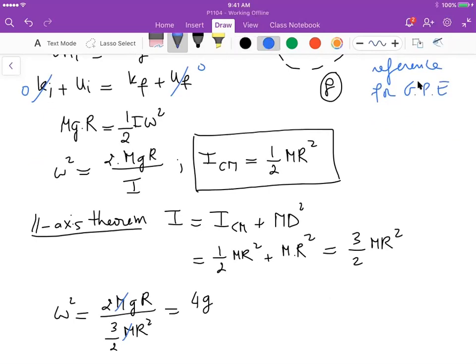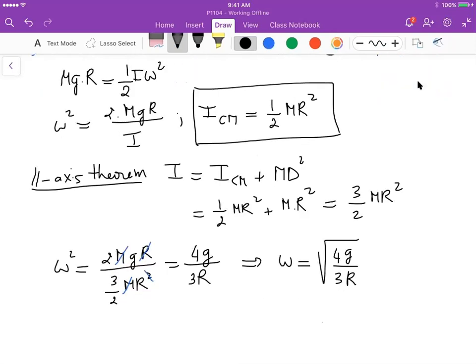The r up there cancels with one of the r squared in the denominator, and we get 4g divided by 3r. This is the expression for omega squared, and so omega is equal to the square root of 4g divided by 3r. But this is still not yet the answer.